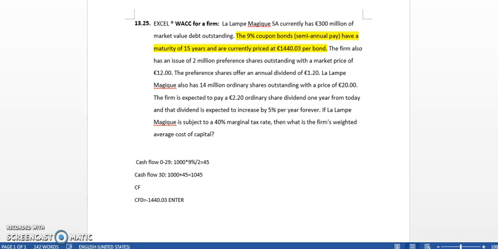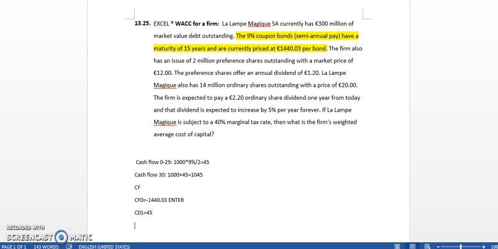Next we press the down arrow and it shows C01. C01 is 45. We receive a payment of 45 for how long? For 29 periods, right?